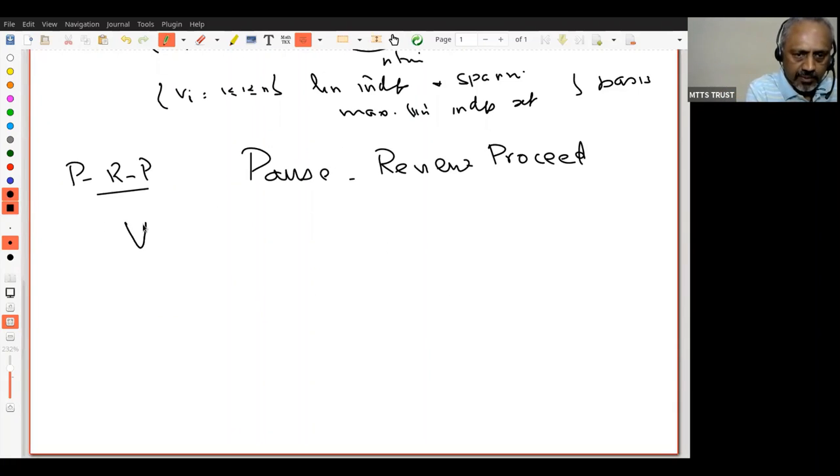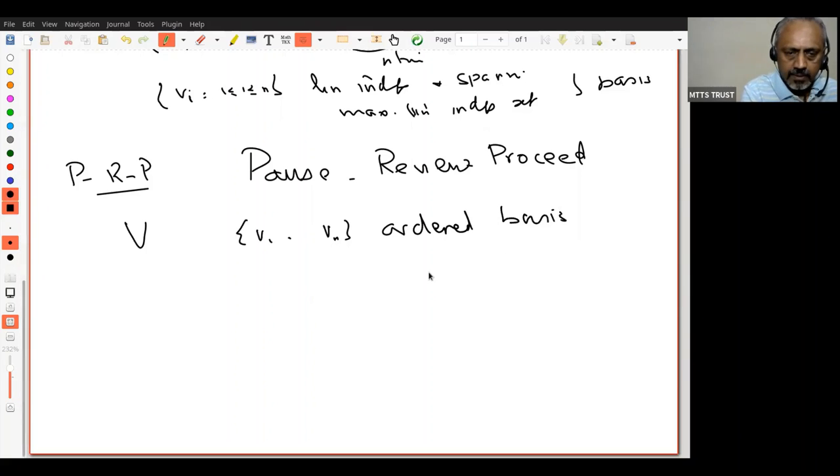So let V be finite-dimensional, with v1 to vn not just a basis but an ordered basis. Then given any vector v in V, I know I can write it uniquely as a linear combination of v1 to vn with scalars in the field.